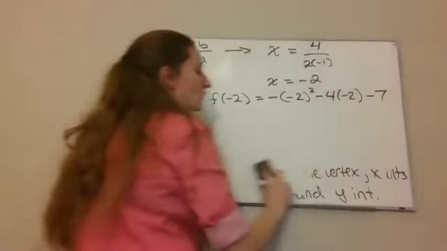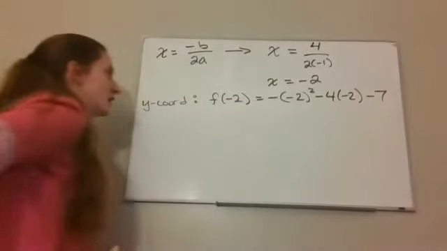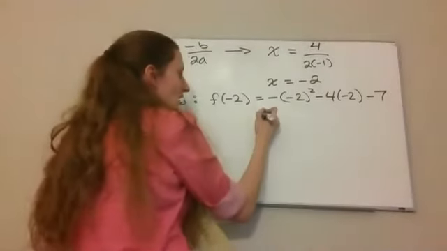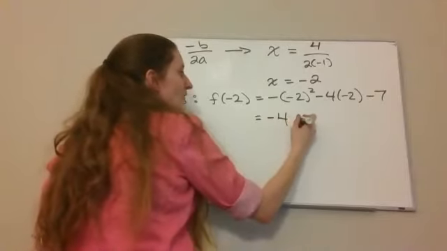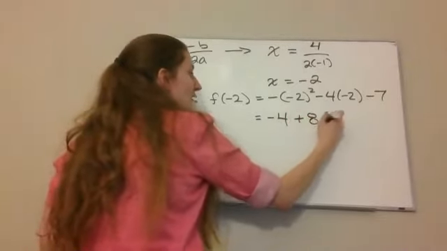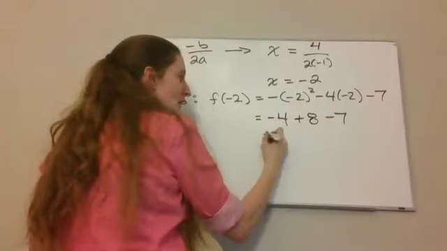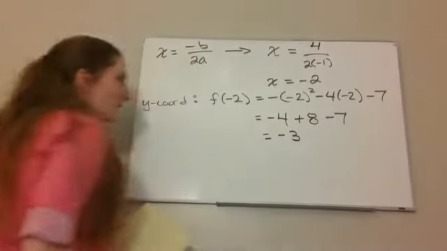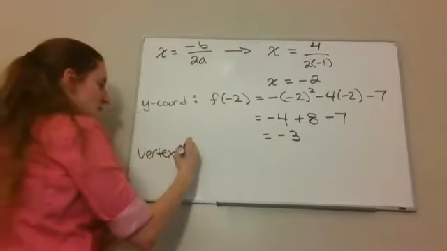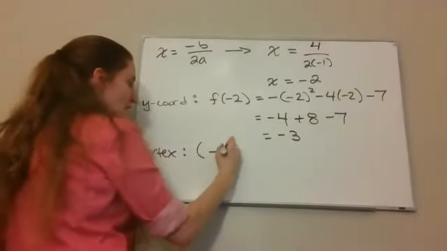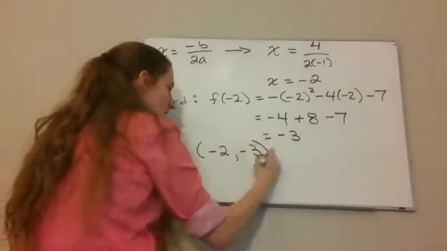Well, (-2)² is positive 4, so the opposite of that is negative 4. Negative 4 times negative 2 is positive 8. And I have a minus 7. So this ends up being negative 3. So my vertex is the point (-2, -3).